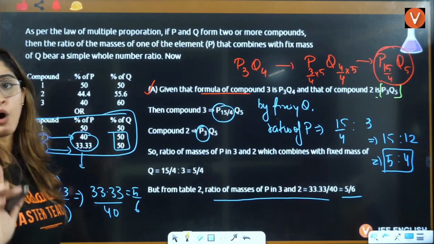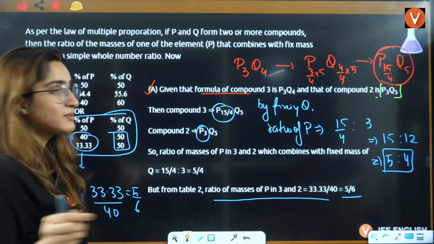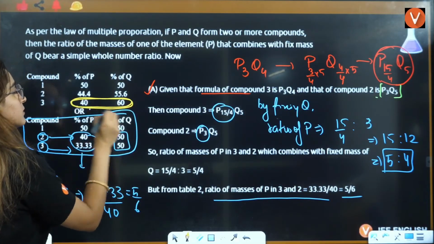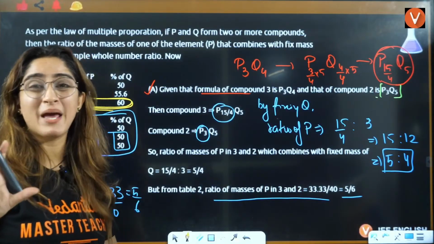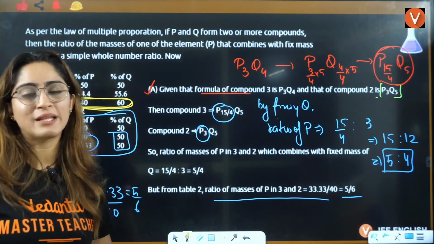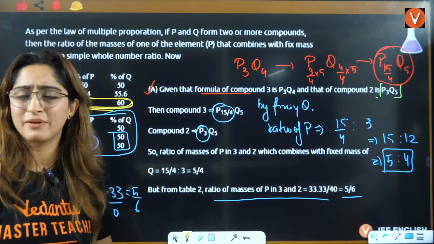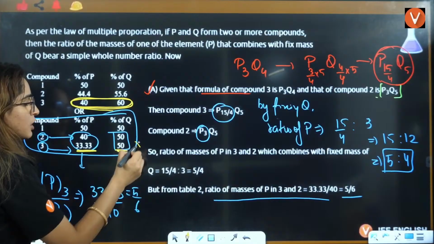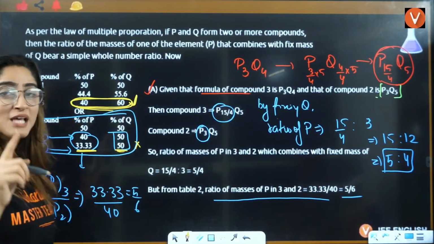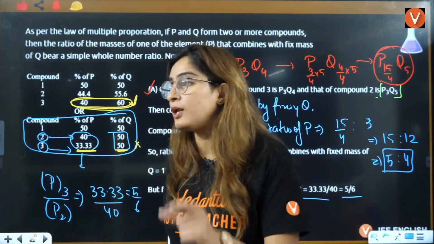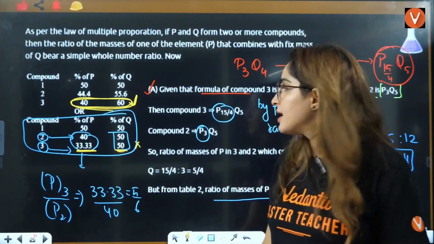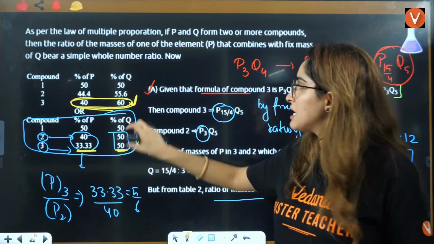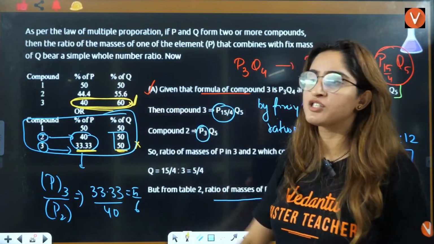Now, whenever you are calculating the empirical formula by making a table, you will not use these values. You will use these values because I told you initially that the total percentage has to be 100. This table I have made to apply the law of multiple proportions. This table is actually the original data.